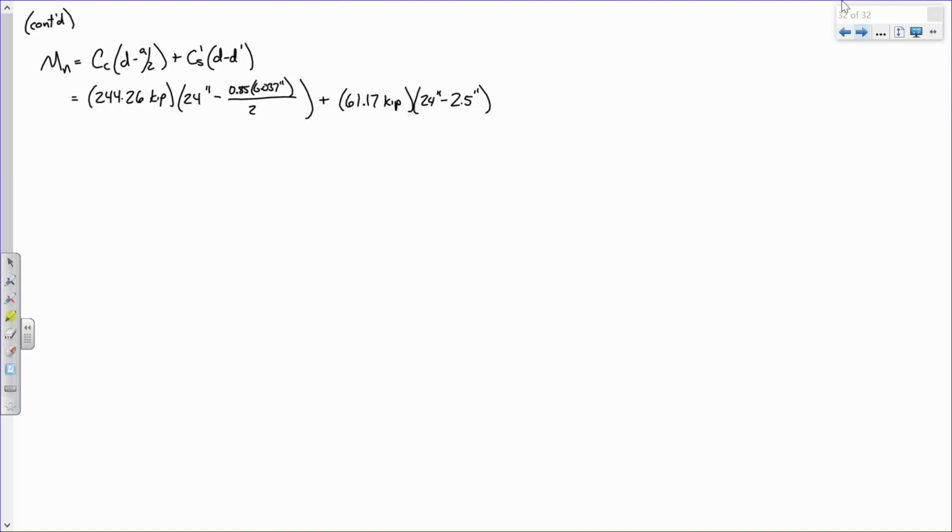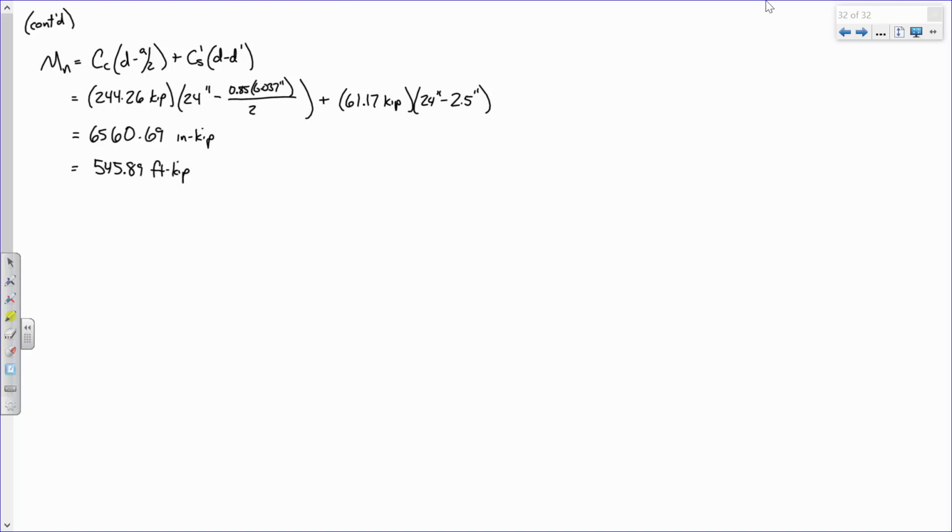To save us a little bit of time, I'll just tell you that when you plug and chug all of that, it comes out to be 6560.69. That's a moment, so the units are inch-kips, and converting to foot-kips, you divide by 12, 545.89.